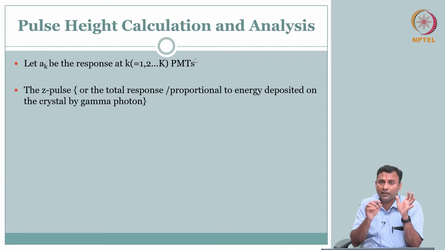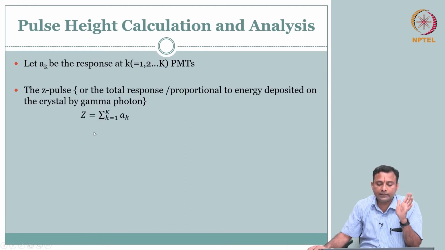So for one scintillation, one gamma photon scintillates and gives out electrical signal in several photomultiplier tubes. The maximum will probably be along the line of sight, but the others will also contribute.